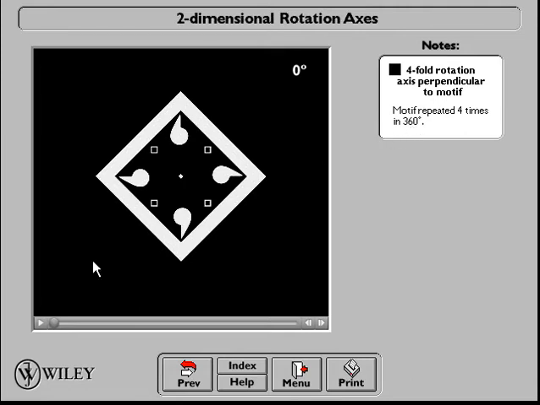Let us check if this is true. 90 degrees it repeats itself. Now we are turning it again, 180 degrees it repeats itself. We are turning it again, 270 degrees it repeats itself. 360 degrees it repeats itself, and we have here our symbol for the four-fold axis inside.